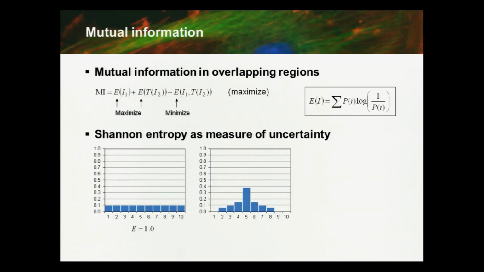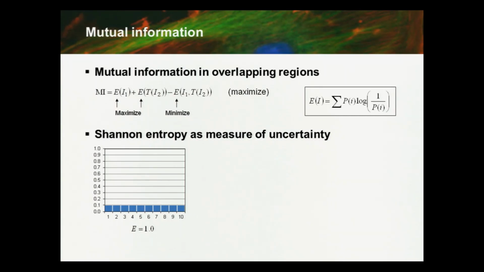Now, by the way, this is just a histogram, or the probability distribution. So there are many images that can have this distribution. It could be a completely noisy image, with as many pixels having any of these values.